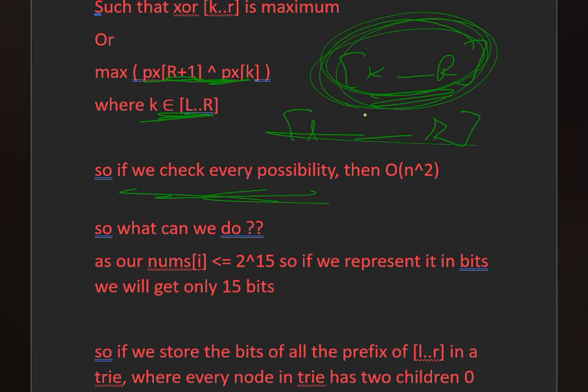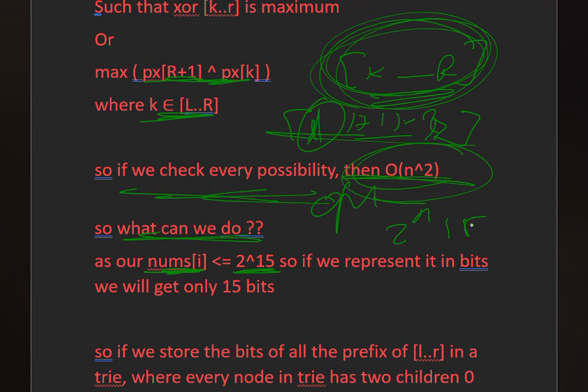If we check each possibility of k, like if we take k as L, then L plus 1, L plus 2 up to R, then the time complexity will be big O of n square. So how to optimize this? As we have already noticed, our nums of i is up to 2 to the power 15, and if we represent it in bits, we will get only 15 bits.